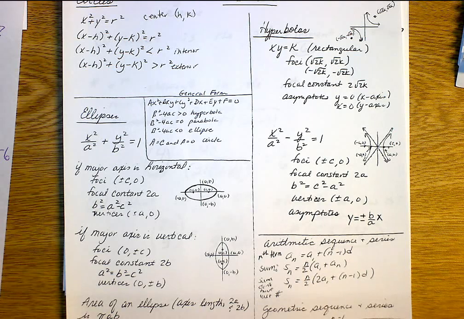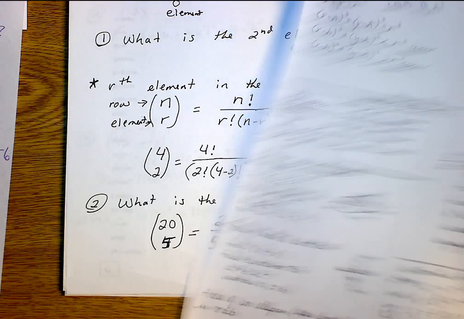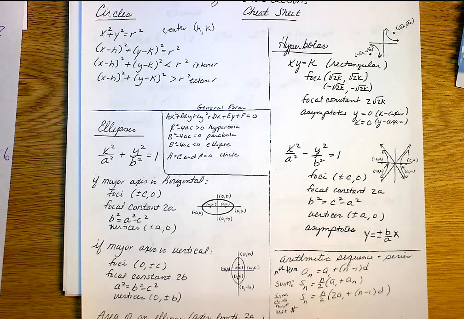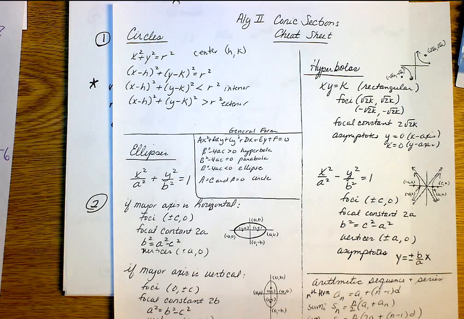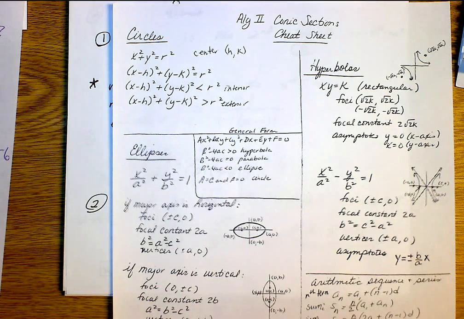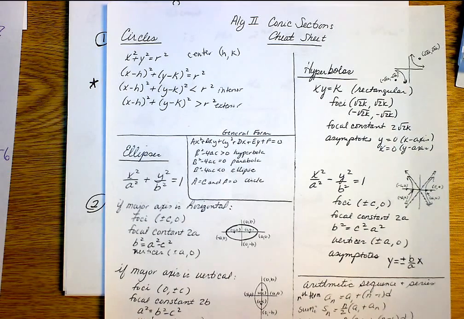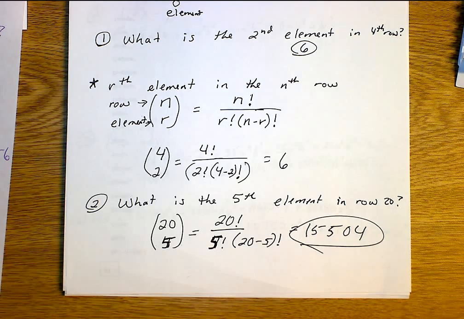Now, for the test, if you start writing on this today, you will still be able to use it on the test on Thursday. But remember that you have to be able to fit everything that you want on the midterm also, or on the final, on the back of this.